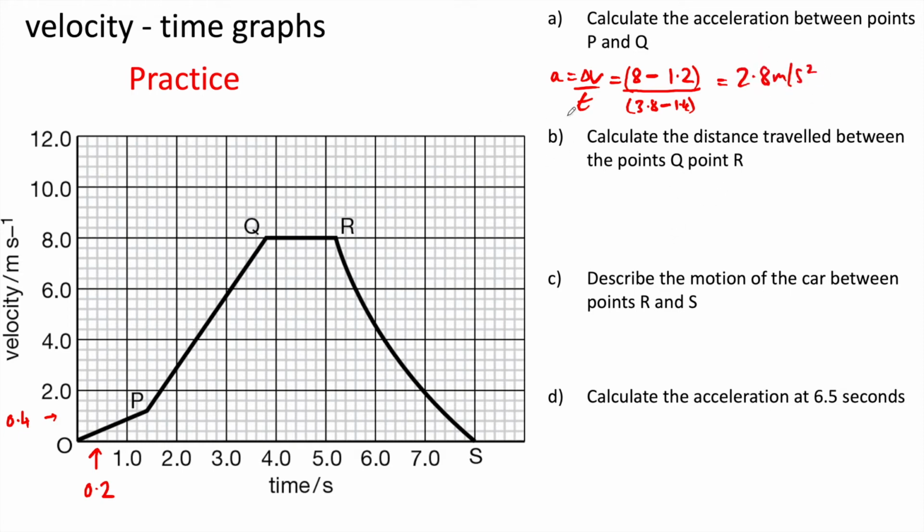The next part says calculate the distance travelled between points Q and R. So first of all, that is the area under the graph, and you can see that that is the rectangle bit there. So it is the area which is going to equal 8 times 5.2 minus 3.8.